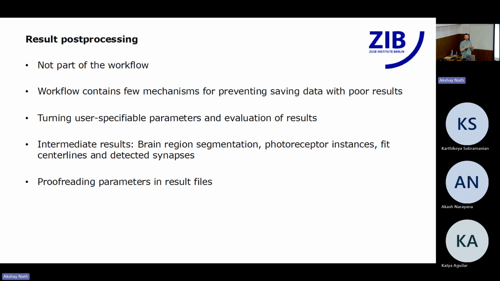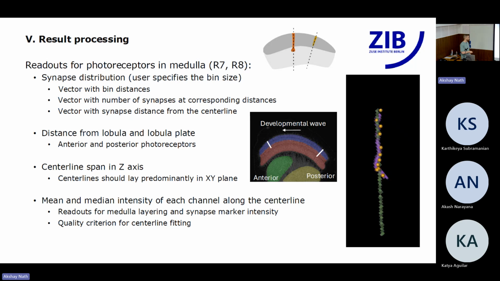But there's still a lot of things that can go wrong, so the responsibility for checking this is on the user. If you remember from the previous slide, with the center line span, the median intensity, or the volume of the photoreceptor, the user can check whether these are biologically plausible.